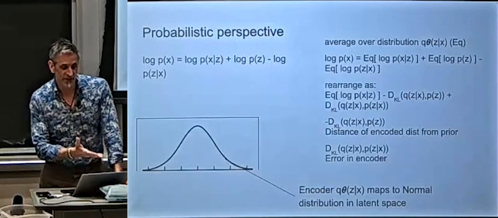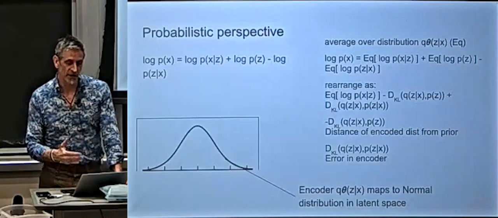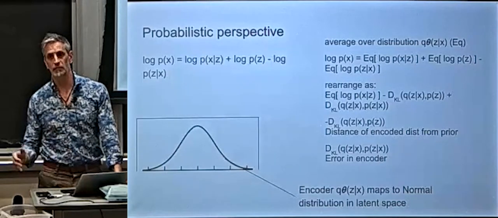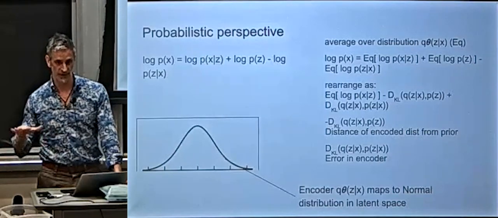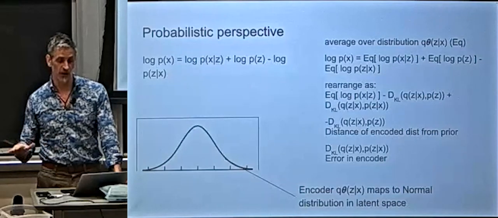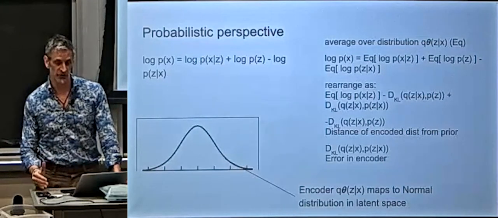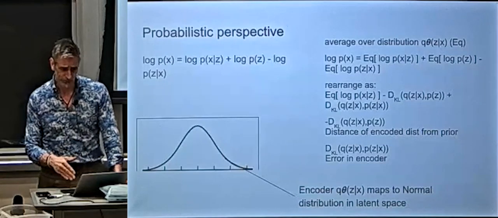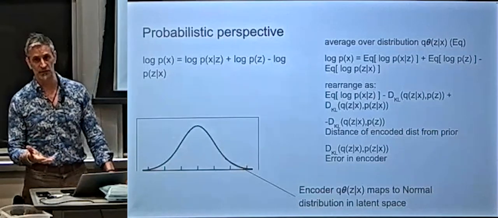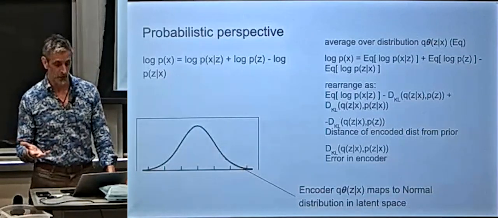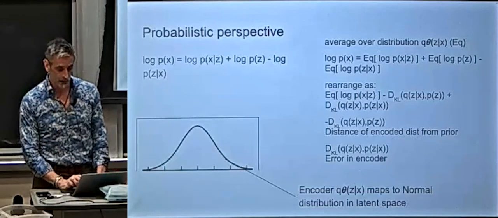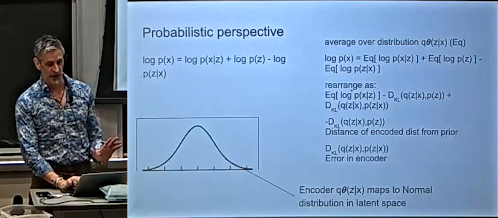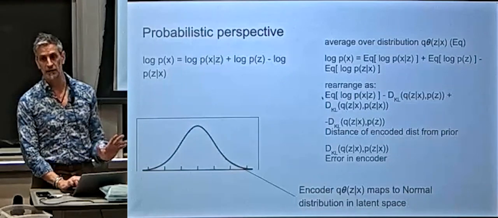Okay, so my left-hand side doesn't change, but for each of those terms on the right-hand side, if I take a weighted average over all values of Q of Z given X, then I'm going to get some different terms. And what's going to pop out, here I'm defining that average as E_Q bracket.